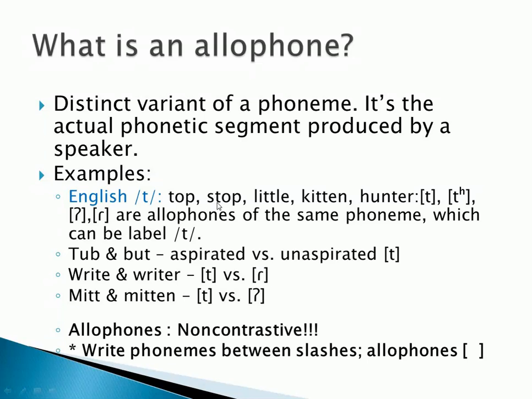This one is not aspirated, stop. This one would be a flap, little. This one would be a glottal stop, kitten. And this one would be a syllabic, hunter, for some speakers. So these are all variants of the same phoneme, the T, okay? So when you think about allophones, you remember they're non-contrastive.